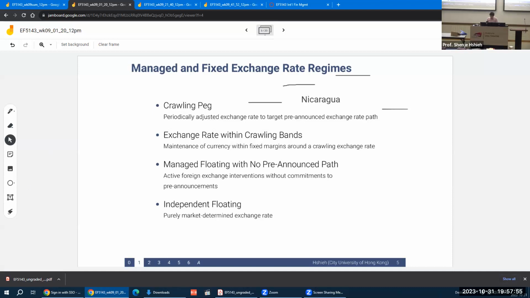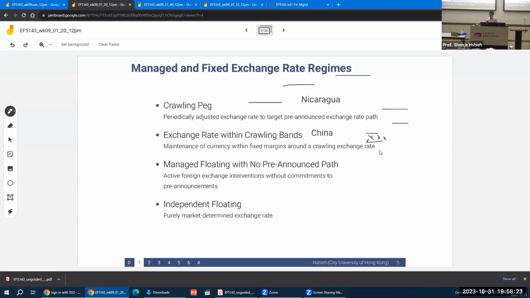All right, exchange rate within crawling bands. This is China. Like a crawling peg, rather than a fixed point, they allow the currency to fluctuate within a band. So someone could draw X's to indicate values, and then maybe sometime in the future it changes.